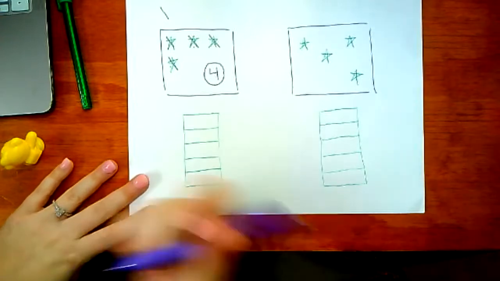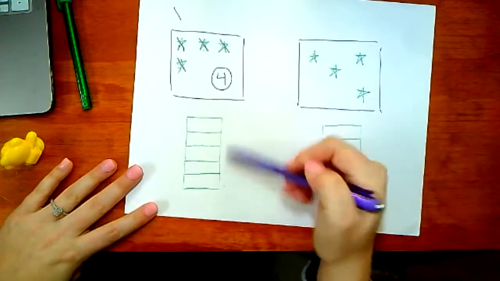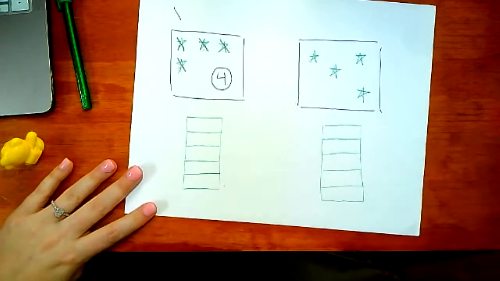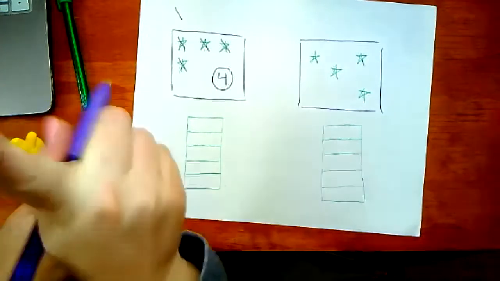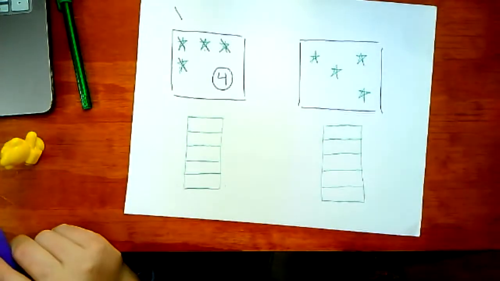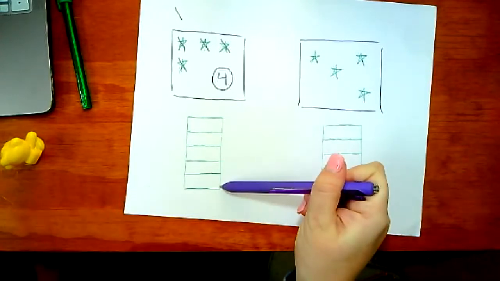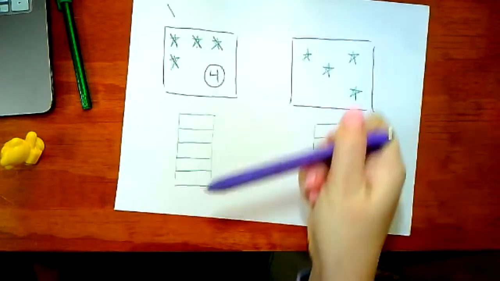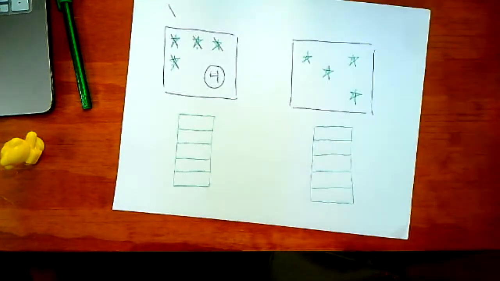Another way to do that in your activities that you're going to be doing in this lesson is you're going to have a column that looks like this. Now, a column goes up and down, all right? And in this column, we're going to go ahead and color in 4 boxes. Now, one thing that's super important when we're coloring in our boxes is we always start at the bottom, never at the top, always at the bottom, because we want to work our way up.